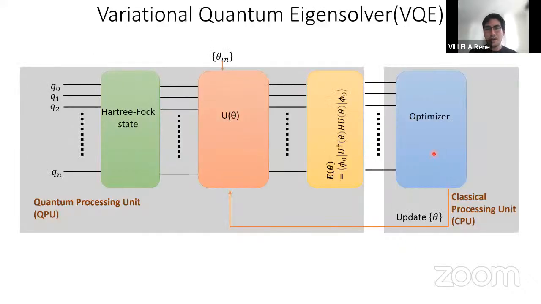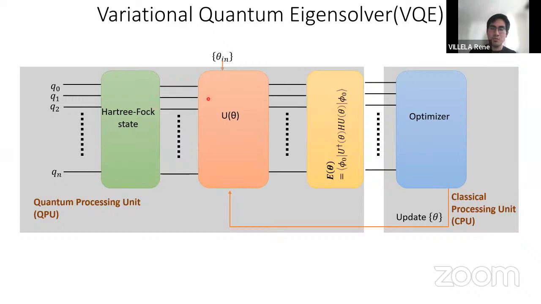And here we have a schematic depiction of the variational quantum eigensolver so that I can better explain how all this works. So we start with our set of qubits in a quantum processing unit. We calculate the Hartree-Fock state, which is our starting point.